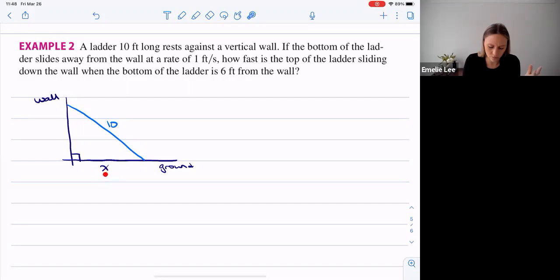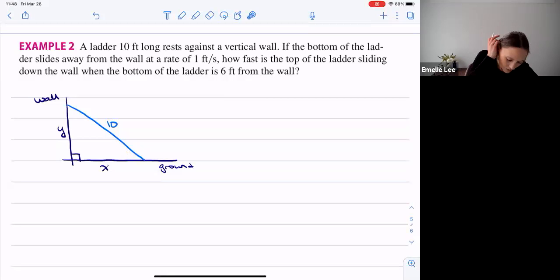So here's my x, and then I'll denote this distance by y. Now that I have this beautiful triangle, I have a really accessible way of relating all these things, right?